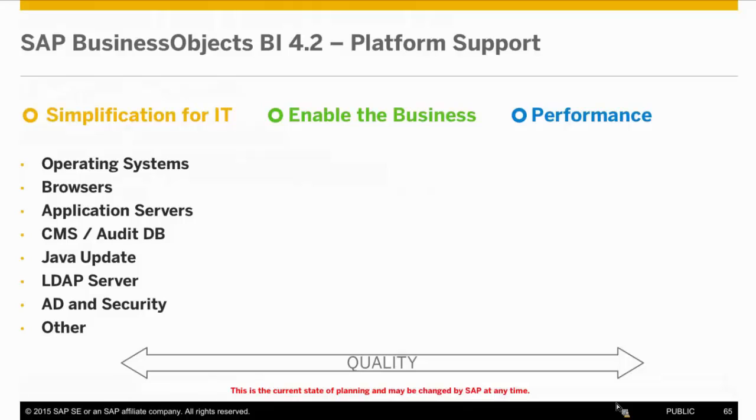Update on the Java stack, further improvements of LDAP, which is actually a quite interesting one. We saw often a request from customers to have support of Active Directory functionality, so that's the Active Directory and Security tab, actually. If you were running your BI stack on Linux, you could not integrate into Active Directory. Simple fact is that we didn't support it.